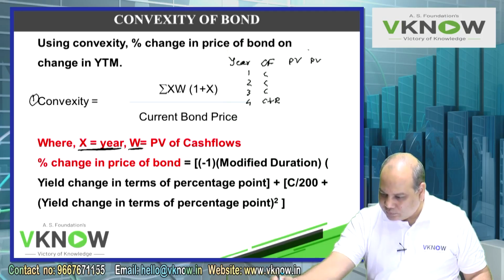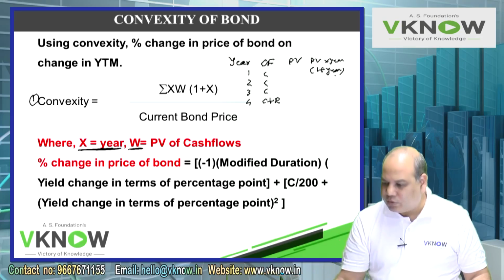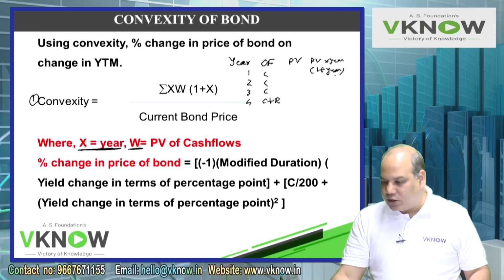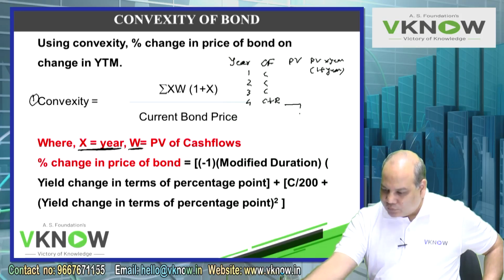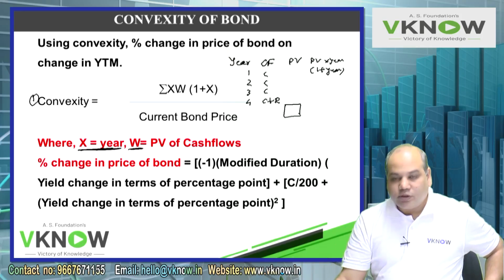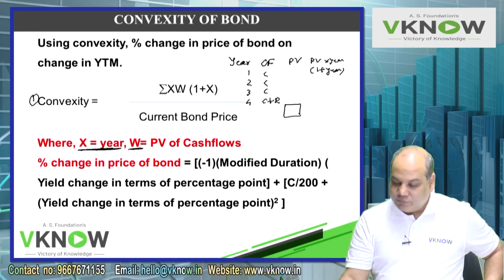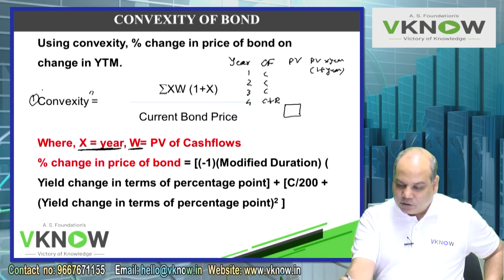X is year, and again I will multiply 1 plus year. Don't write, because I am going to solve a question in the next 1 minute only. Then you will see how to actually apply it, and divide by the current bond price, which is the total of the present value. That will give you a number called convexity.